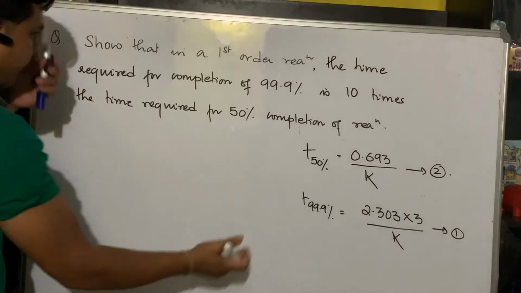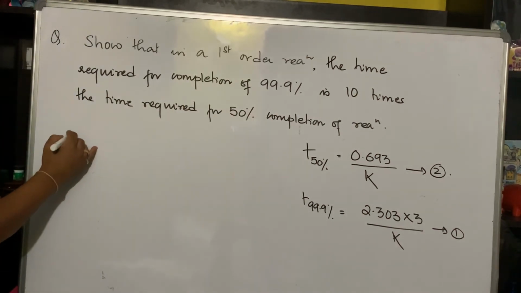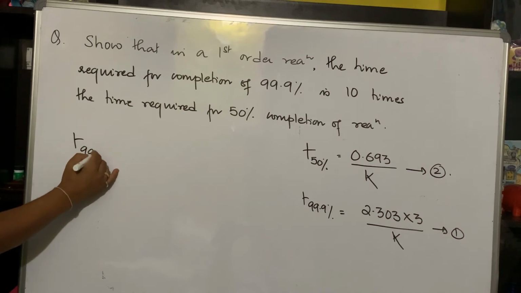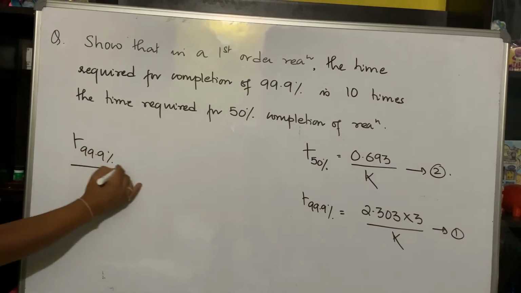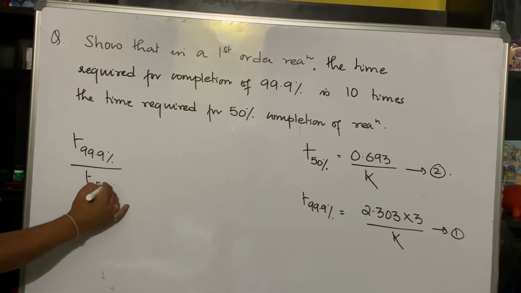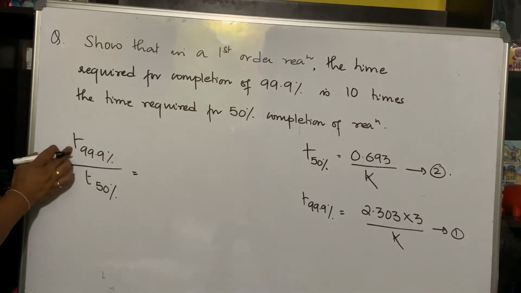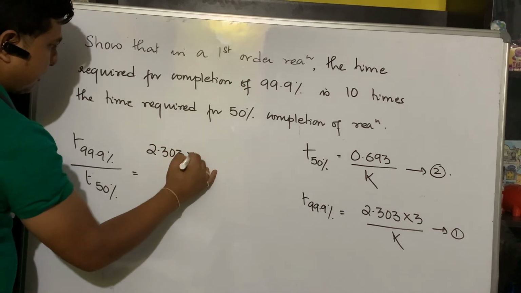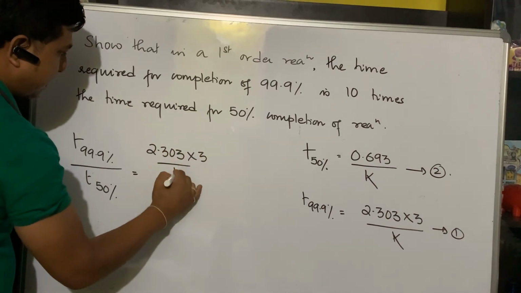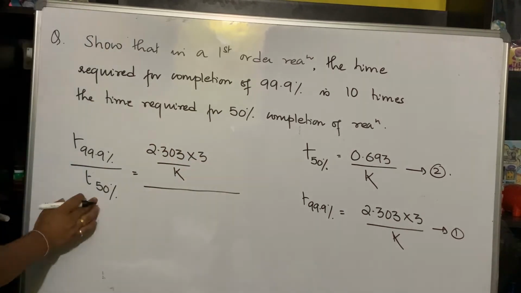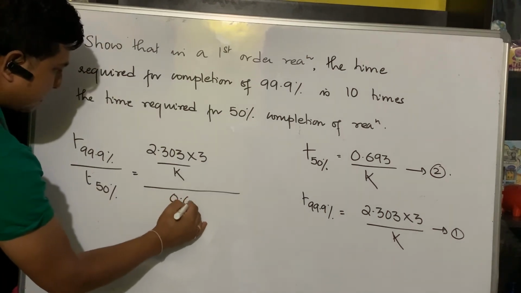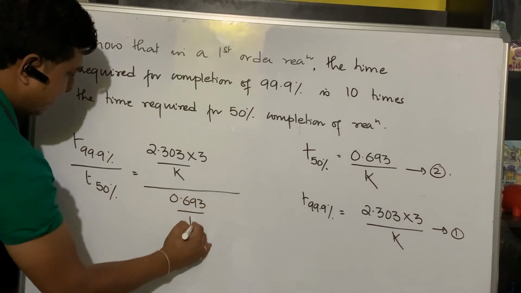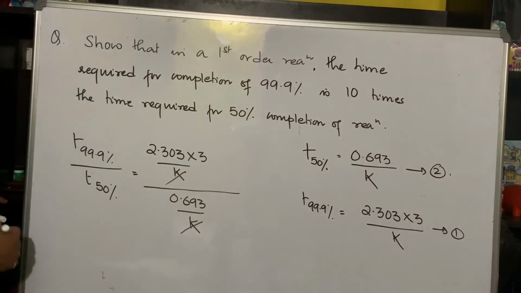So simply I'll divide equation 1 by equation 2. Let me divide T 99.9% by T 50%. T 99.9% is 2.303 into 3 divided by K, and T 50% is 0.693 divided by K. So K and K will get cancelled.